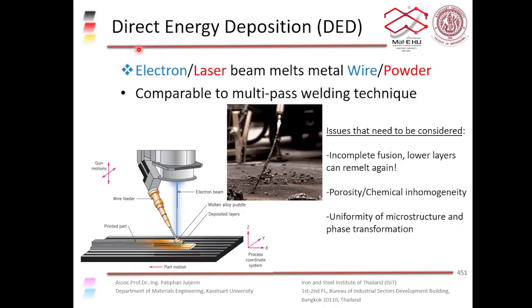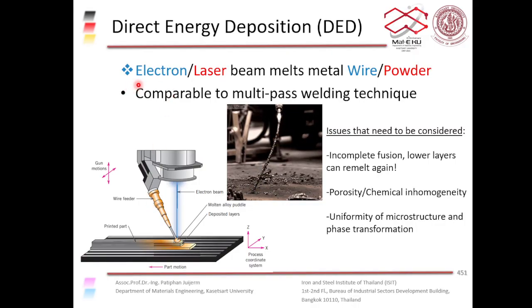You can also have direct energy deposition, or DED. The concept for this technique comes from welding, right? You can have plasma, you can have electron beam, you can have laser beam, and you have a wire feeder.